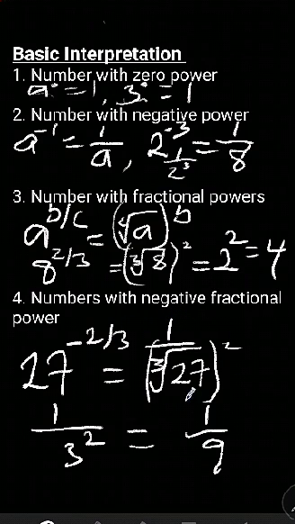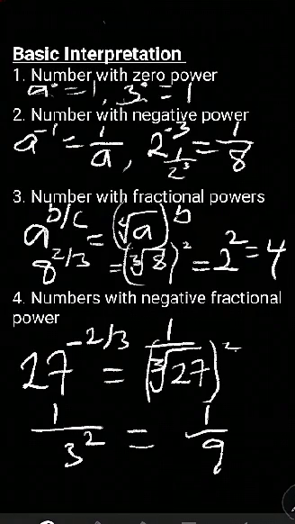So the denominator we have here, looking at the power, this 3 becomes the root, and this 2 remains as its power, okay? And we have the cube root of 27, that is 3. This power here is 2, and we have 1 over 3 raised to power 2, and that gives 1 over 9. 3 raised to power 2, that is 9.